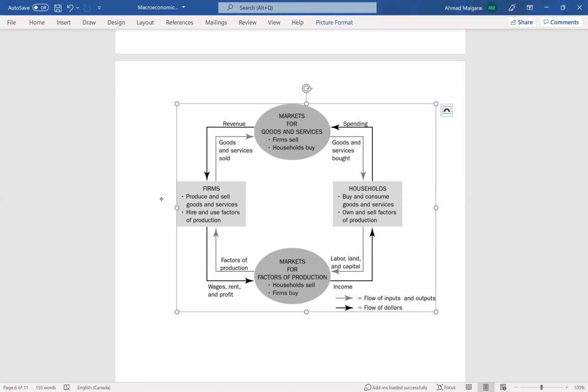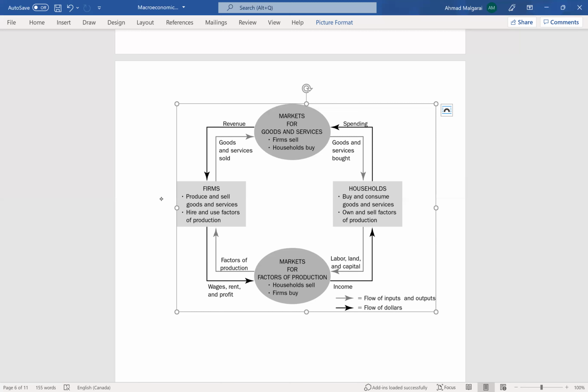And firms use their revenue from sales to pay wages to workers, rent to landlords, and profit to the firm owner. In the simple economy described by this circular flow diagram, calculating GDP could be done by adding up the total purchases of households or summing the total income paid by firms.